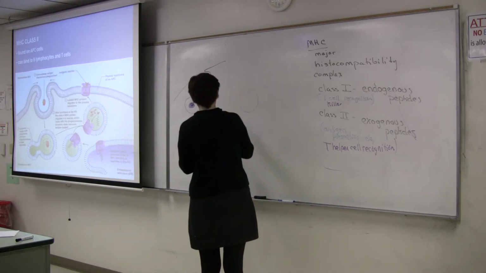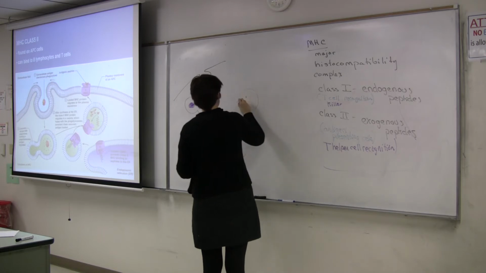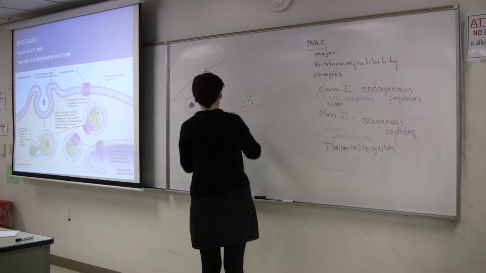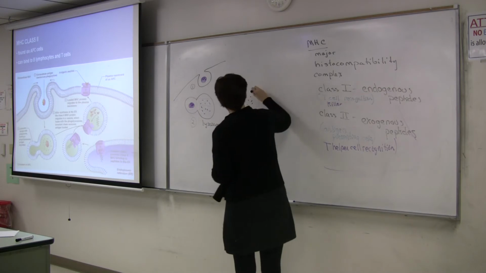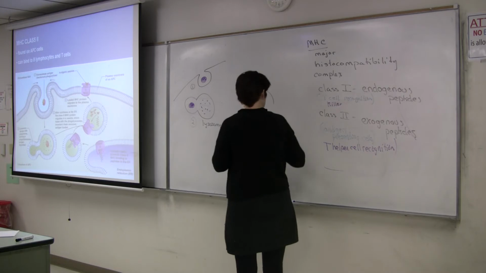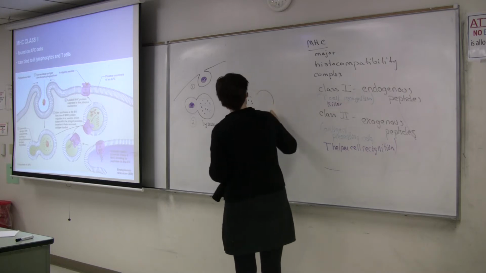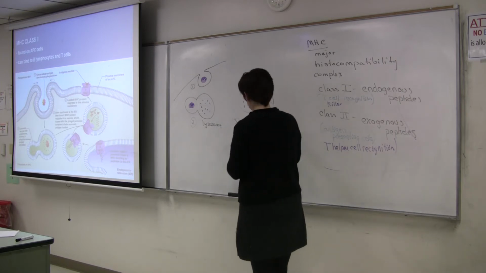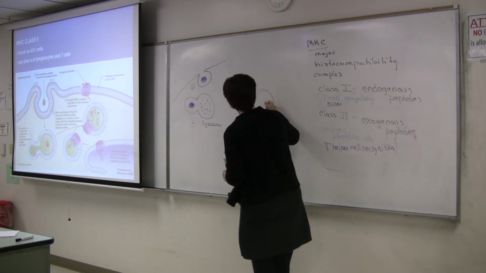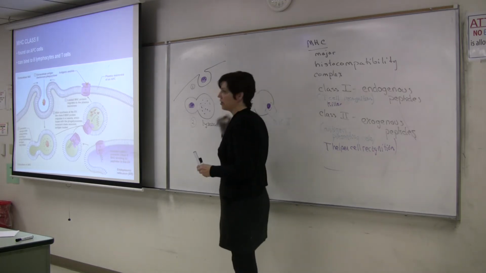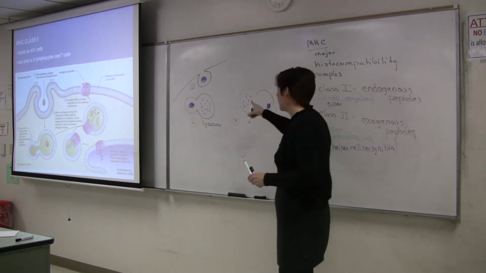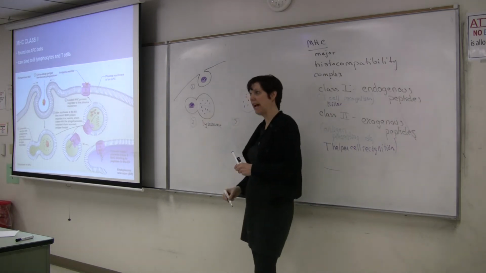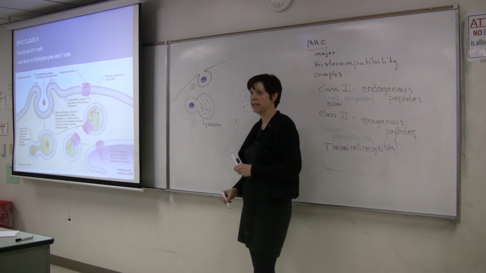Now that vesicle with smaller pieces of our bacteria or virus fuses with another vesicle, which contains our MHC class 2 molecule. And it will bind this exogenous peptide, one of the pieces of the bacteria or virus that was ingested.